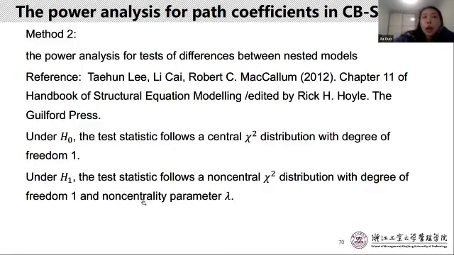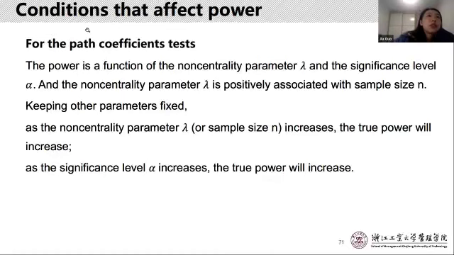And now we have a non-centrality parameter lambda here. Then the same thing, we look at the conditions that affect power. This time, power is a function of the non-centrality parameter lambda and alpha, because now the degrees of freedom is 1. We already know it.